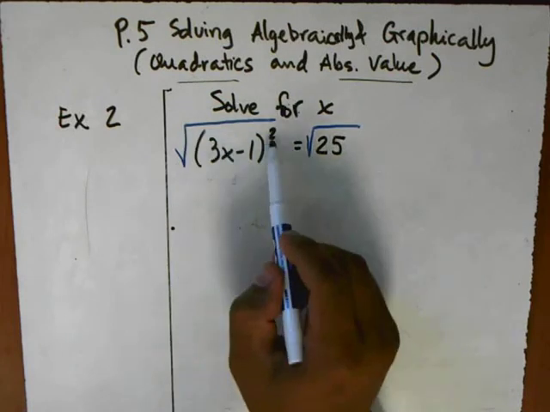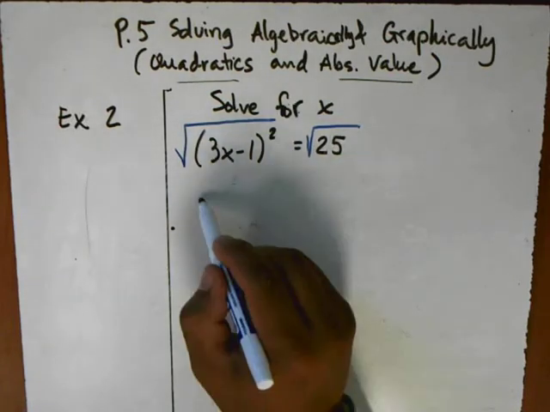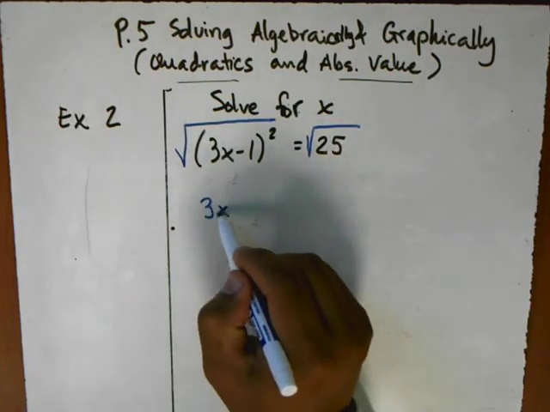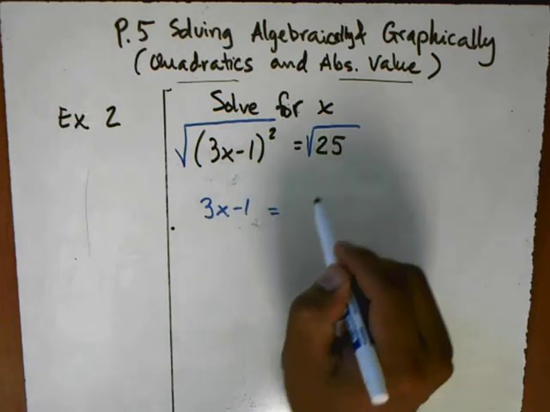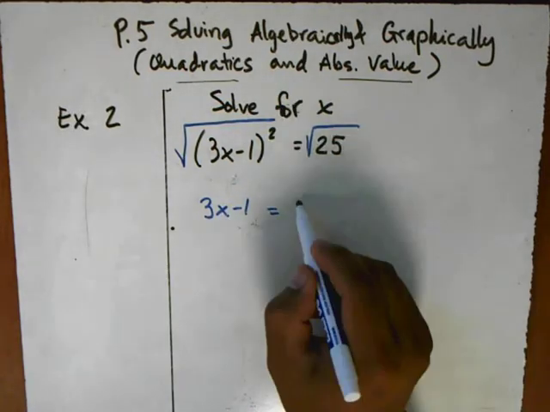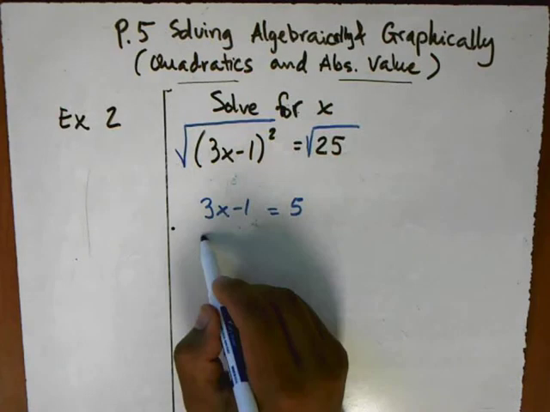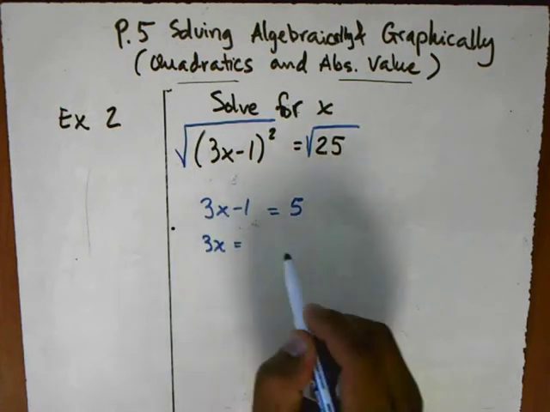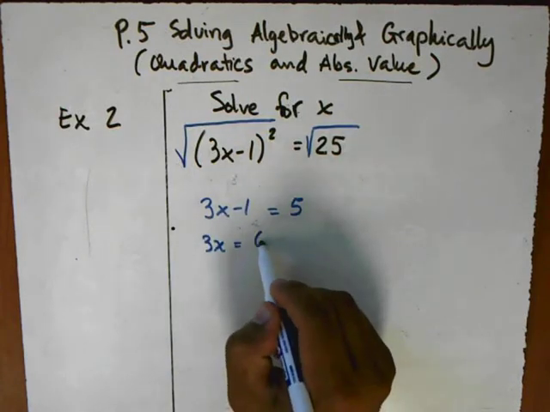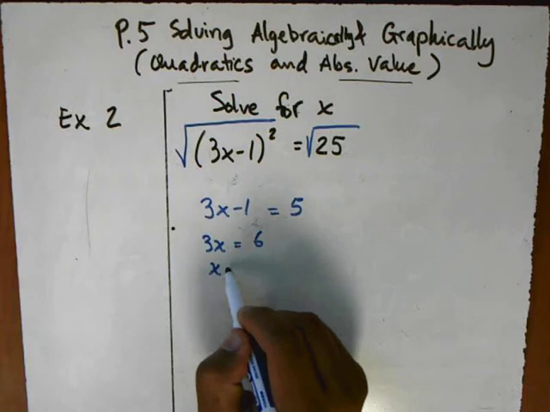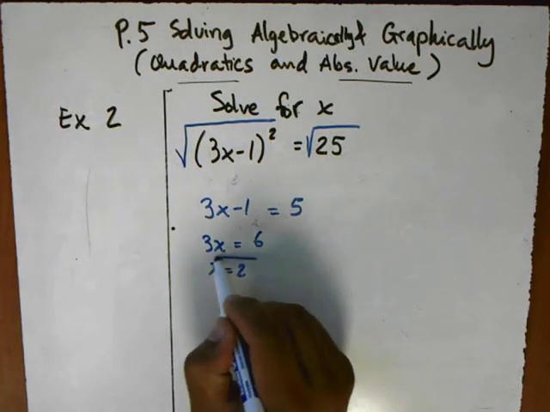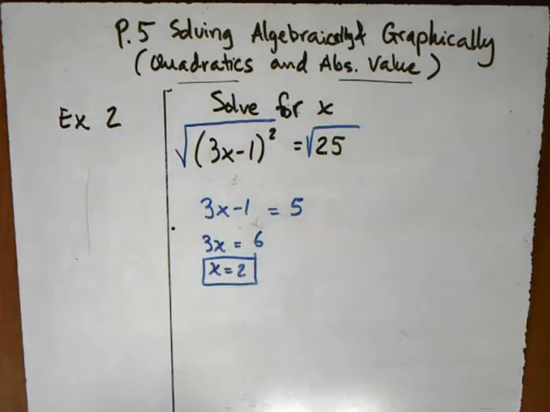The square and the square root eliminate each other, and we get 3x minus 1 equals the square root of 25, which is 5. Add 1 to both sides, and we get 6. Divide both sides by 3, we get x equals 2.